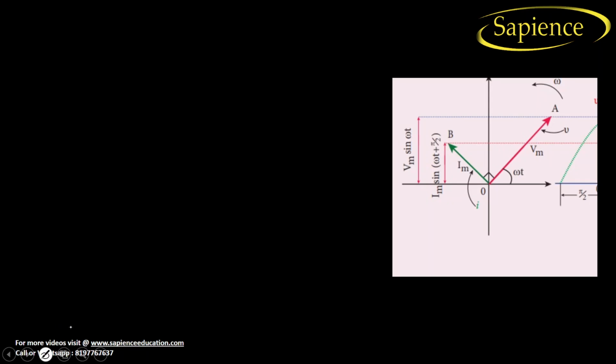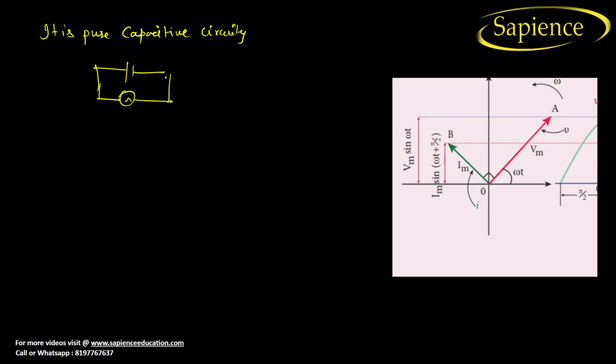Since it is a pure capacitive circuit, this will be the capacitor, this is the power source, and IRMS is equal to 2.49 ampere, and VRMS is equal to 110 volt, right? They have provided you.